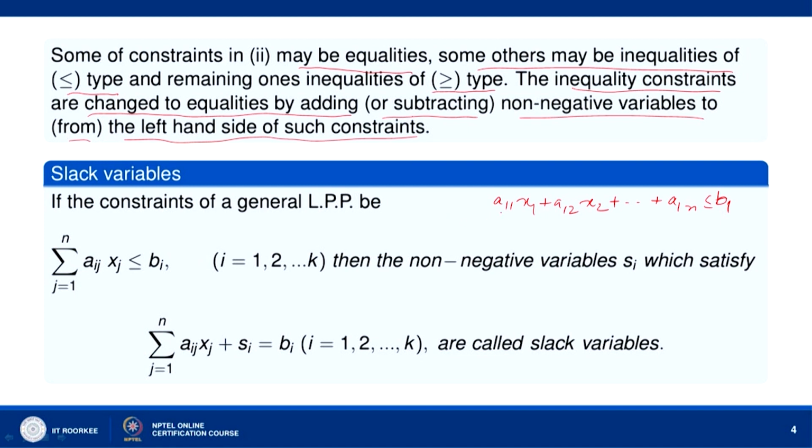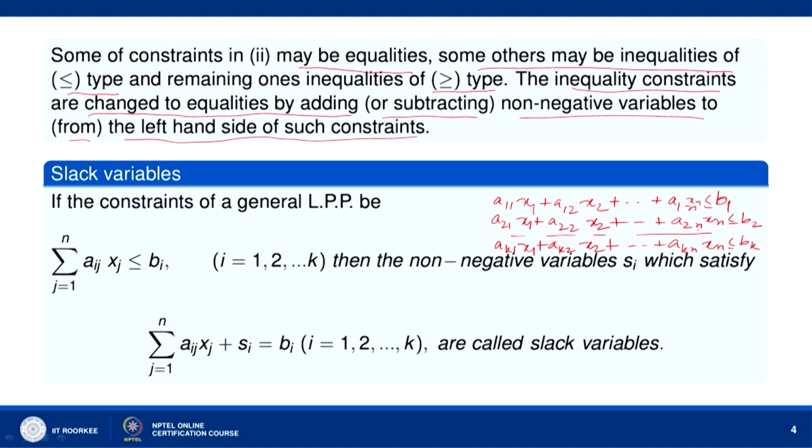The second one is a21 x1 plus a22 x2 plus ... plus a2n xn less than or equal to b2, and so on, ak1 x1 plus ak2 x2 plus ... plus akn xn less than or equal to bk.